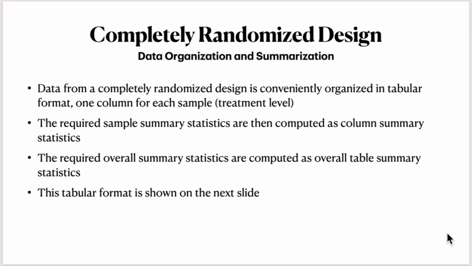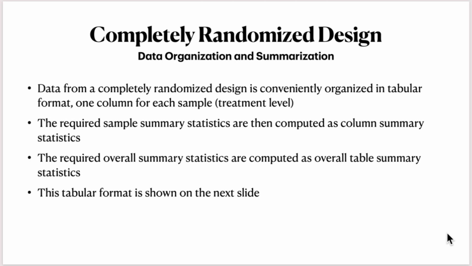Now, the next thing we want to do is talk about data organization. It's going to make our job easier if we organize the data in a particular way. Data from a completely randomized design is conveniently organized in tabular format, one column for each sample or treatment level. The required sample summary statistics that we've looked at previously are then computed as column summary statistics.